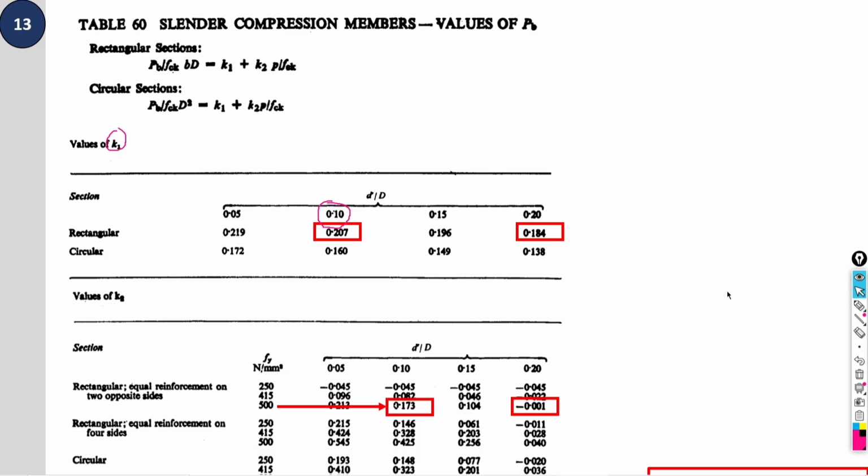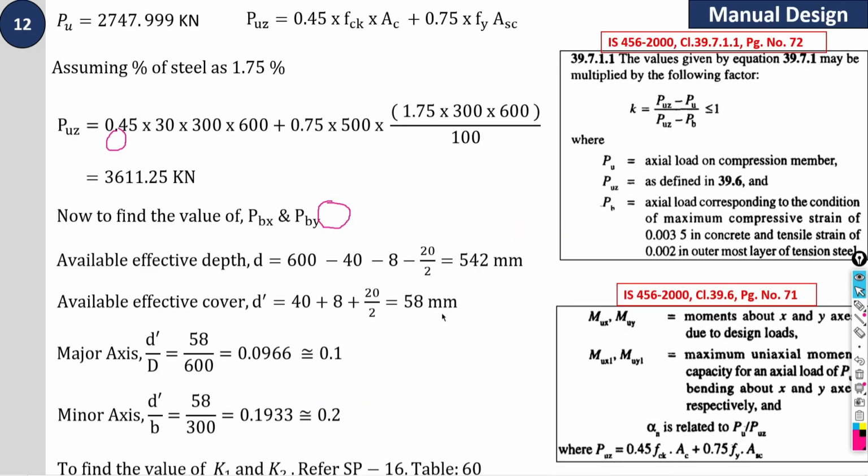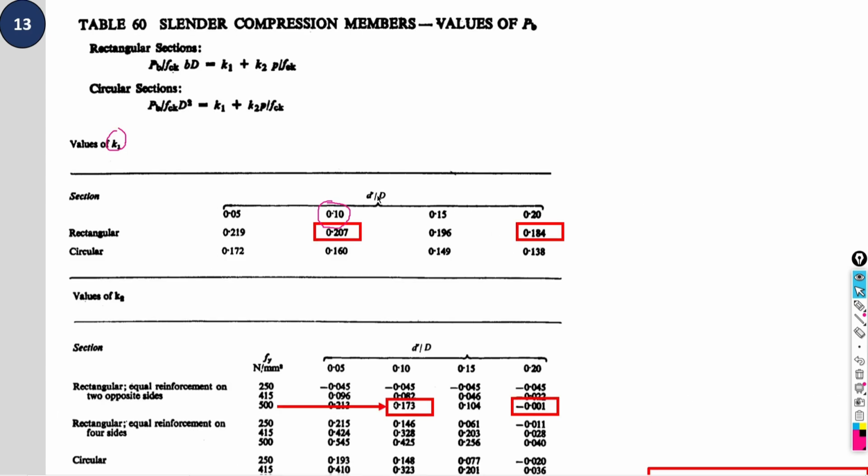As you can see here, for d dash by d as 0.1 for the rectangular column, K1 is 0.207, and for K2, d dash by d depends on the rectangular shape plus grade of steel, so it becomes 0.173.